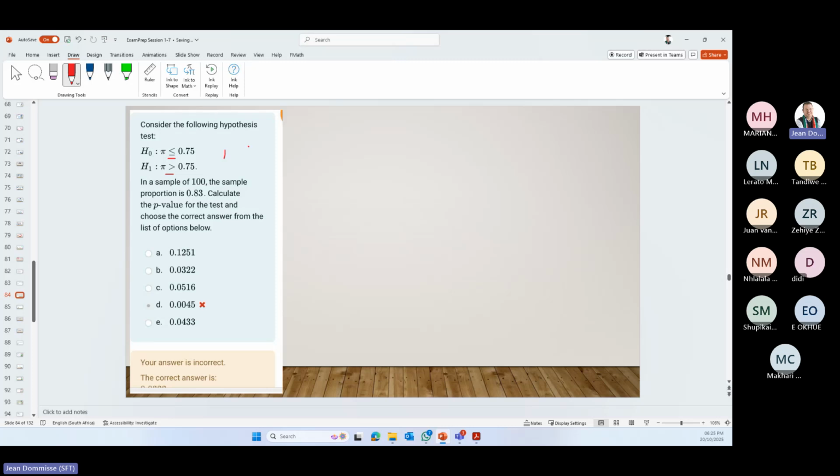Even if it's not asked, it is important when we get the results, because it might mean it's a one tail that is sitting here, which you then don't need to multiply by 2. But if you have a two tail, you will always multiply it by 2.